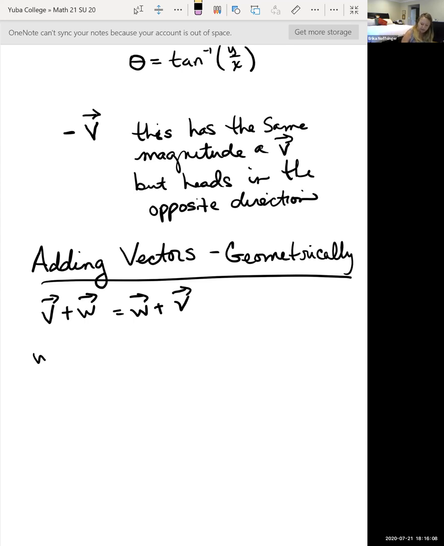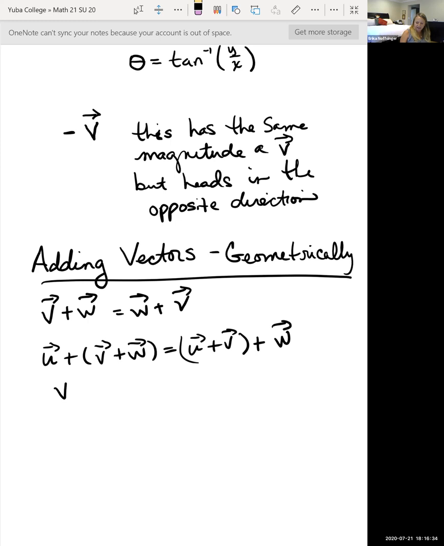What I was saying with the associative rule, so maybe you have a vector u plus parentheses v plus w. This is equivalent as if I would add u and v together, then after I take that sum, I add w.